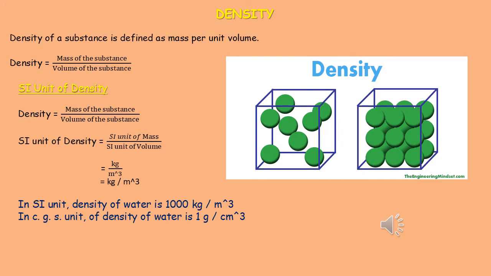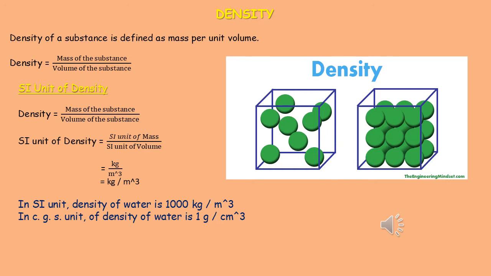Now we'll discuss what density is. Density means how much substance is there in a particular space. The density of a substance is defined as the mass per unit volume.